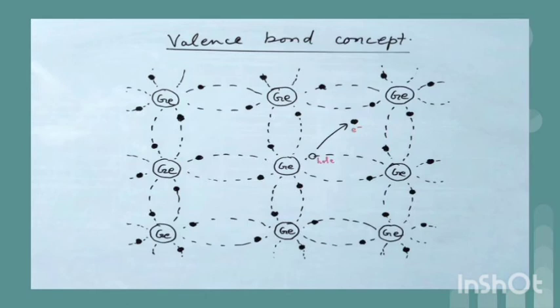This way, hole can also move from one side to another. With breakage of each covalent bond, one free electron and one hole is available in the crystal, for which ionization energy equal to Eg is needed. Hence, with the rise of temperature, conductivity of semiconductor is increased.